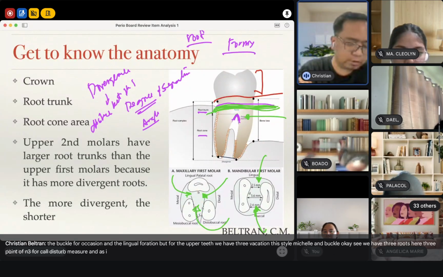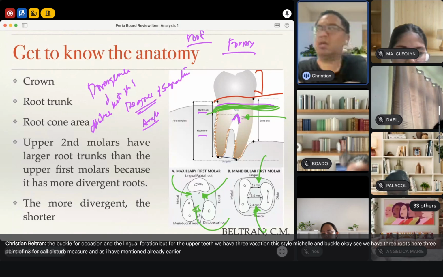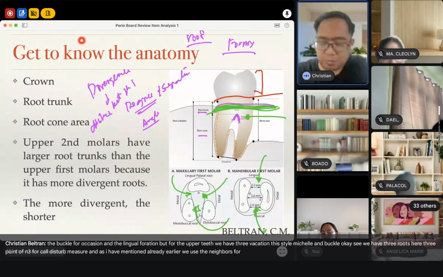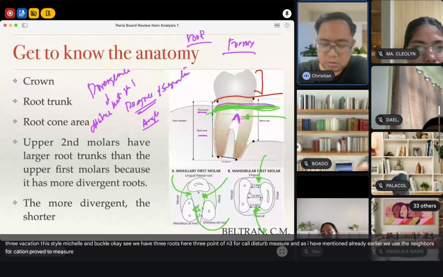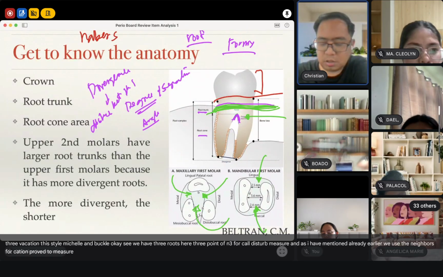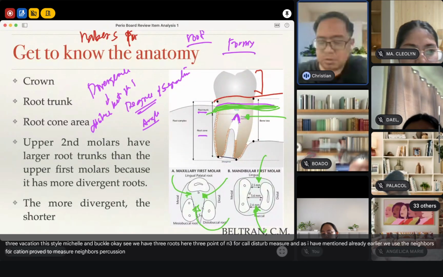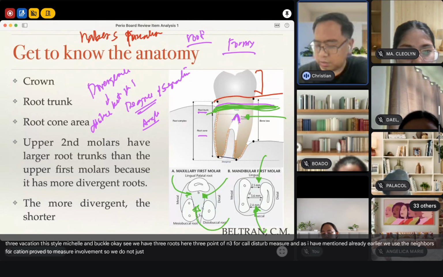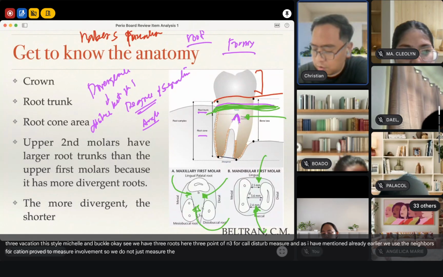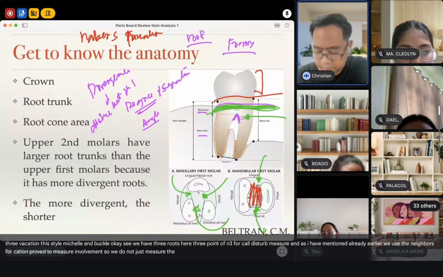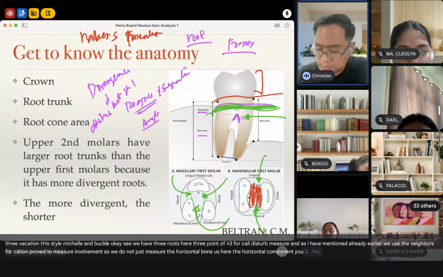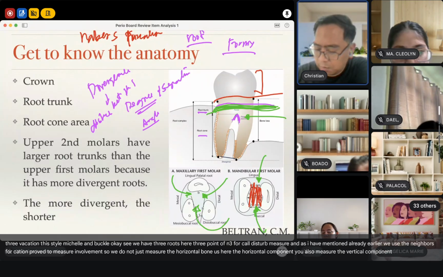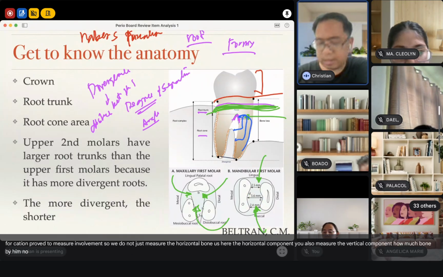And as I have mentioned already earlier, we use the Nabers furcation probe to measure the furcation involvement. So we do not just measure the horizontal bone loss here, the horizontal component. We also measure the vertical component. How much bone ba yung nawala?